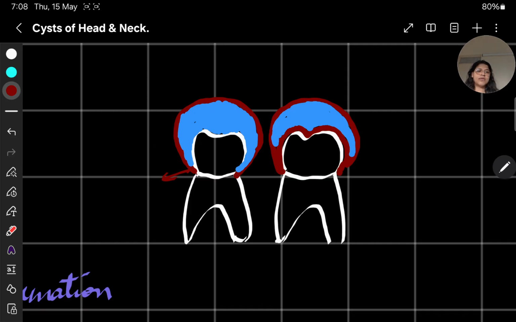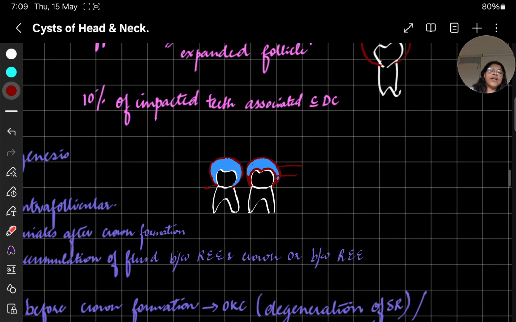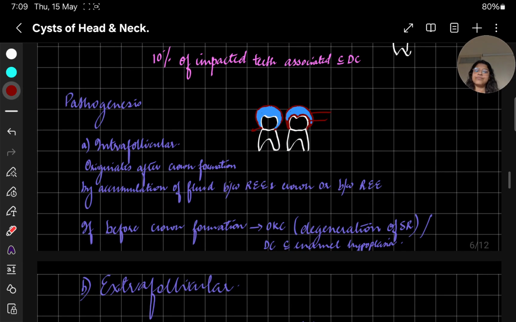This is intrafollicular, or it could be accumulation of fluid between the layers of reduced enamel epithelium.